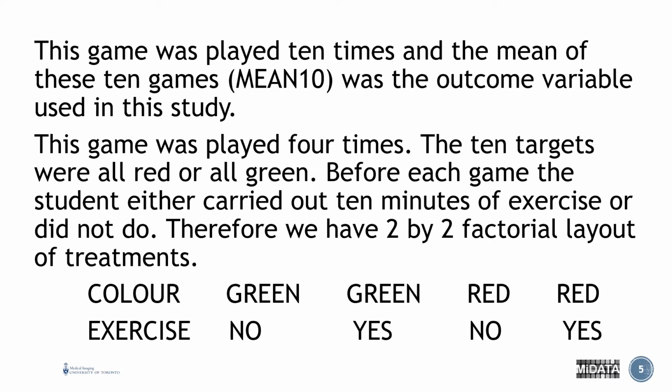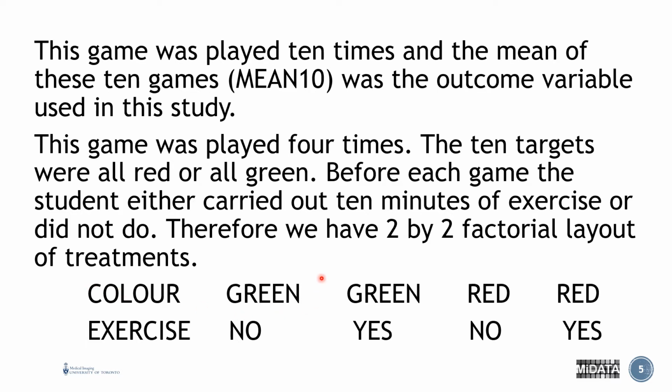Now, this game was played 4 times. The 10 targets were all red or all green. Before each game, the student either carried out 10 minutes of exercise or they did not. Therefore, we have a 2x2 factorial layout of treatments, and you can see this here with your 2 rows, color and exercise.